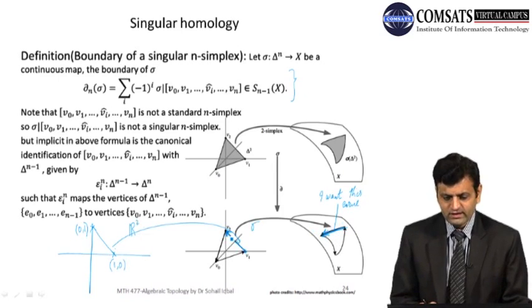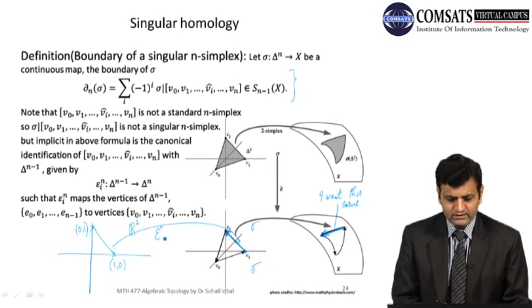But this is not a standard one simplex, so what we do is first apply, let's say this is epsilon 2 0. So apply this epsilon 2 0 first from this standard one simplex to this, so first we apply epsilon 0 2. This 2 means we are applying it on a 2 simplex, and this 0 implies that this is the face opposite to v naught.